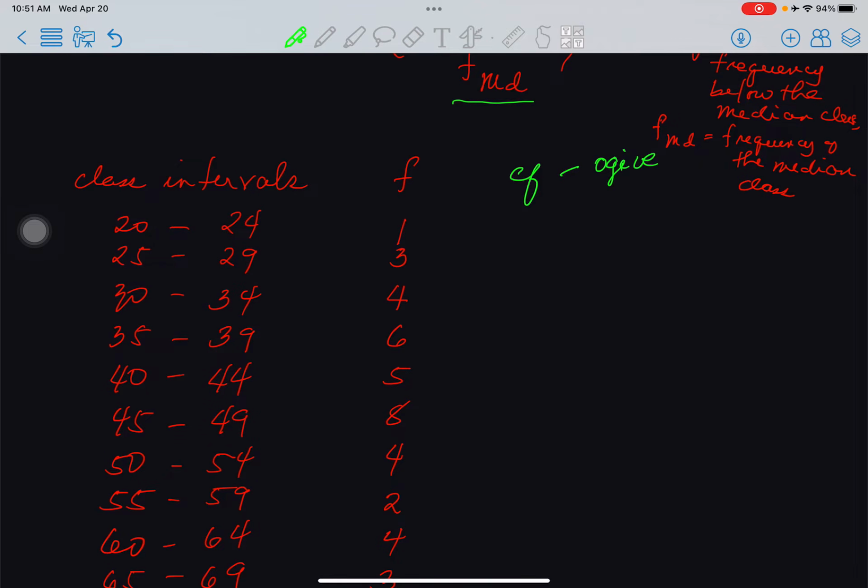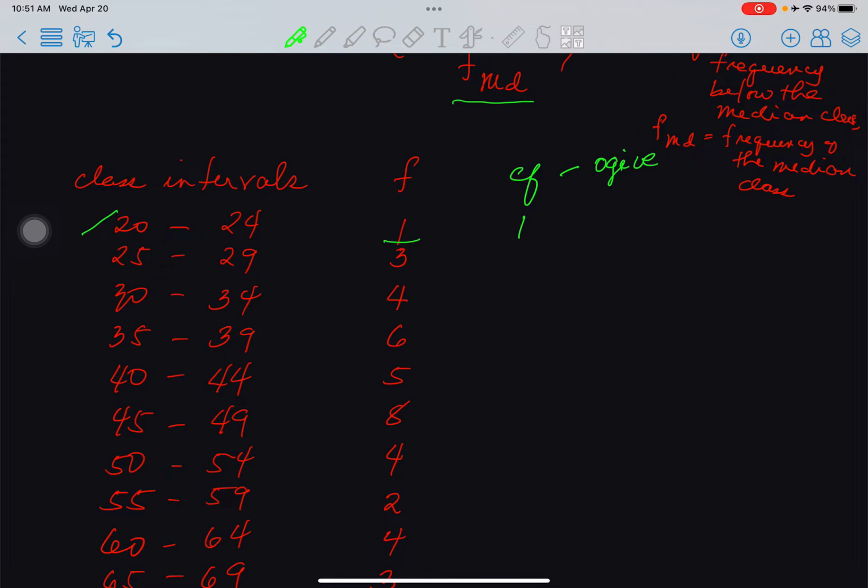Let us find our cumulative frequency, or ogive. First, we use our lowest class interval, 20 to 24, and the frequency is 1. So we write 1.